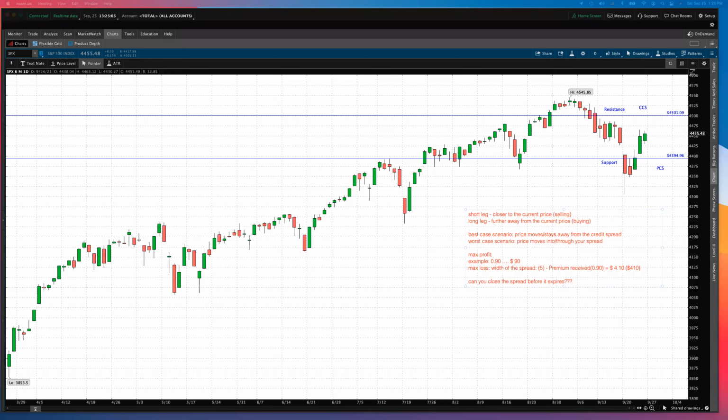Can you close the spread before it expires? Anybody have an answer for that? All right, I don't see any no's. I was hoping somebody would say no, but all right. Yes is the answer to the question. Can you close the spread? It's a resounding yes in all caps. Yes, you can. Should you close it before it expires?